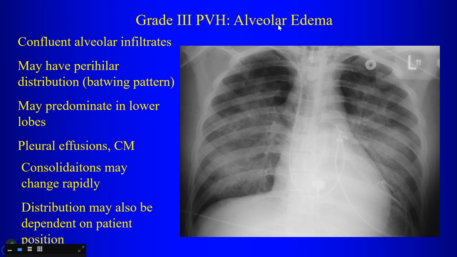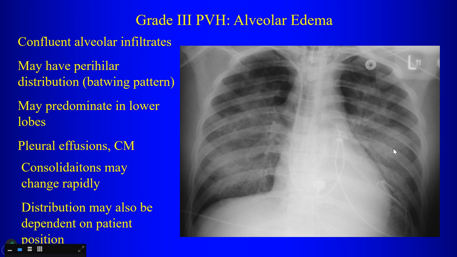When the fluid spills out into the alveolar spaces, then we have alveolar edema. Okay? So it can sometimes have a characteristic appearance where we have this bat wing or butterfly distribution of consolidations. Although this bat wing pattern tends to be associated with a particular cause of edema.